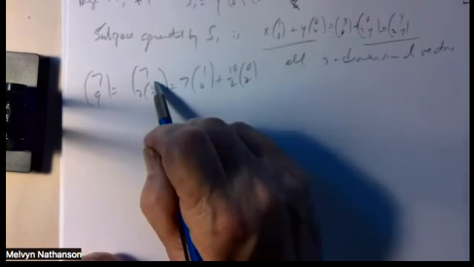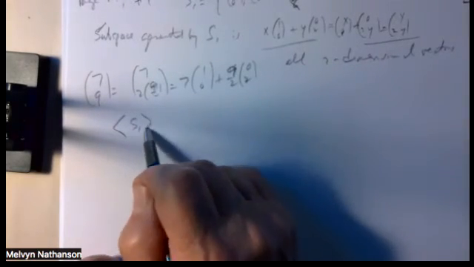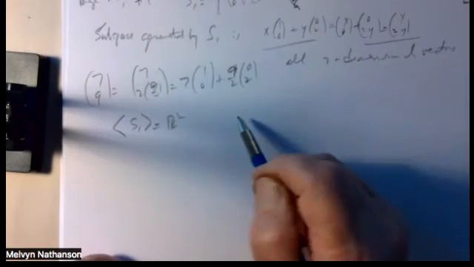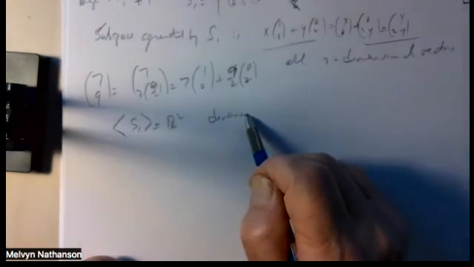Okay. So the subspace generated by S1, I'll write it like this, is all of R2, and the dimension is equal to 2, because R2 is 2-dimensional.